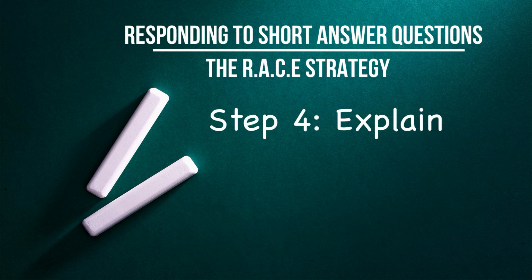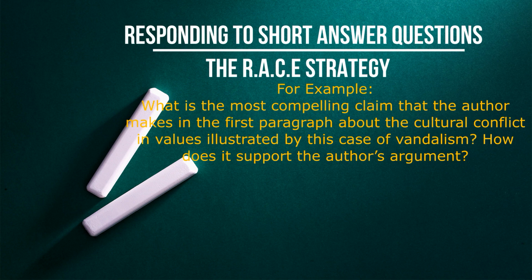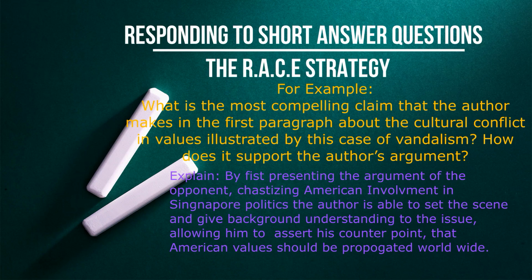So now that I've restated the prompt, answered the question, cited evidence, I'm going to bring closure by explaining the importance of this. So I used maybe 1 to 2 sentences to explain why his use of the argument was compelling, and I do that at the end to bring it full circle and to bring completion to the answer of the text.